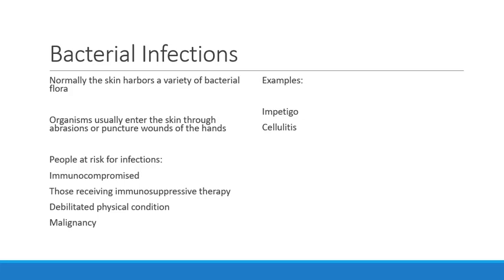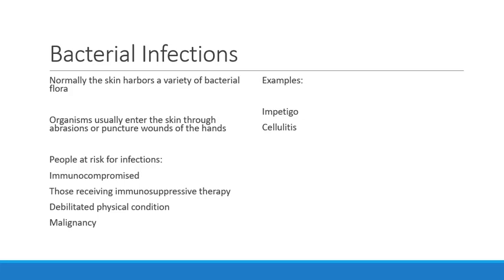Immunosuppressants, they stop our immune system from damaging our healthy cells and tissues, so people with organ transplants or stem cell transplants may be taking these medications. People who have a debilitated physical condition may be at a greater risk, and those with malignancy.